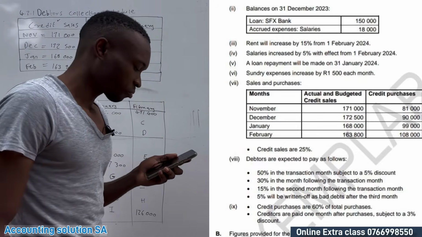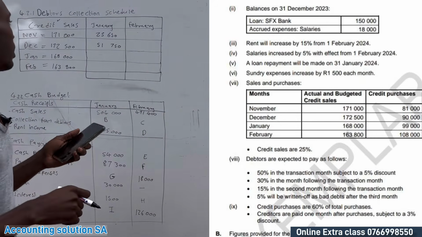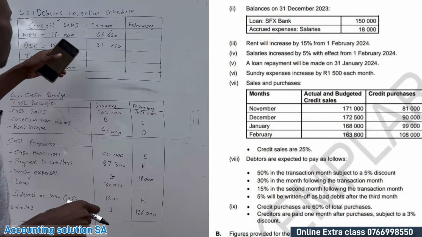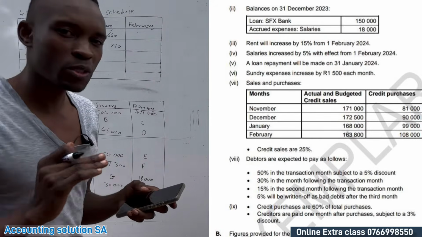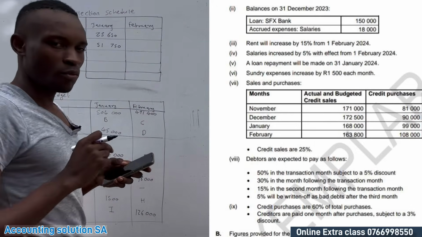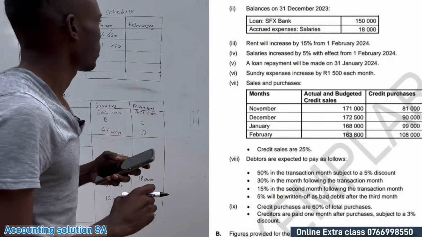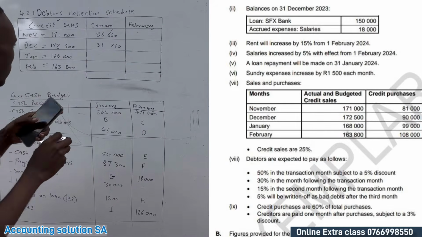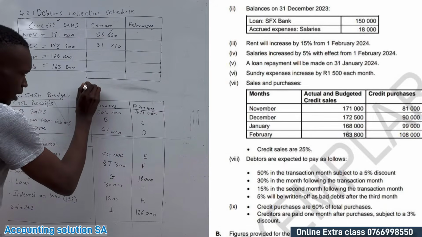So let's do it in this case. Let's start with the month of December. To make it simpler, this side we call months of sale, and this side is months that we are required to prepare. Let's pick January as a month of sales, like my example.